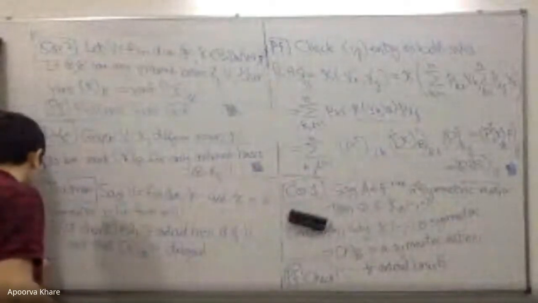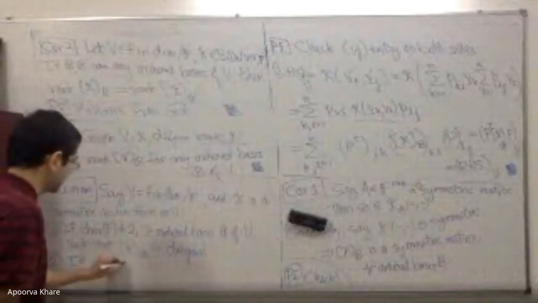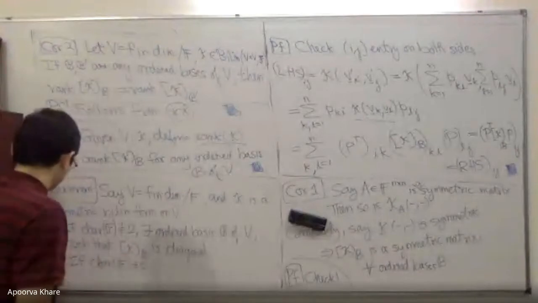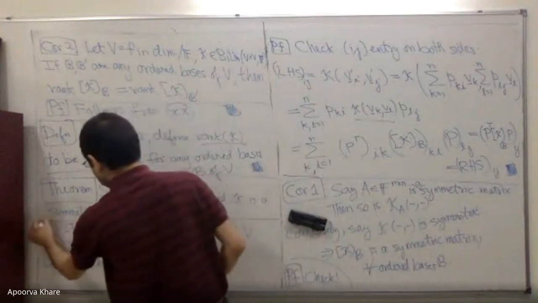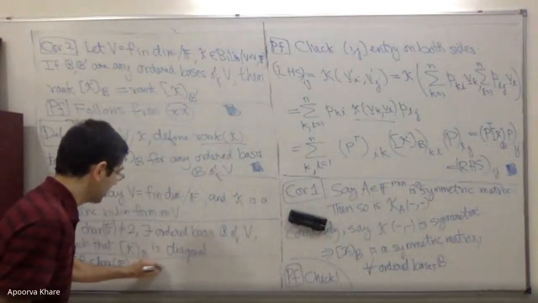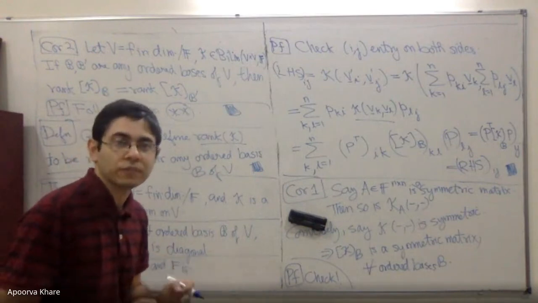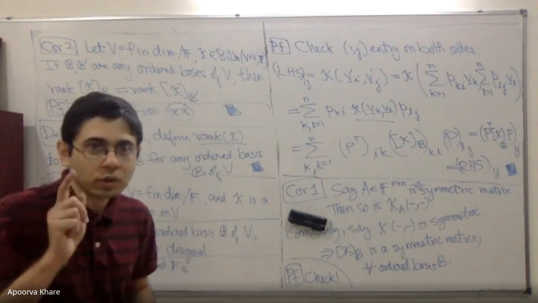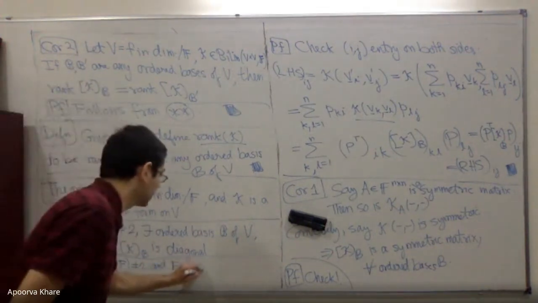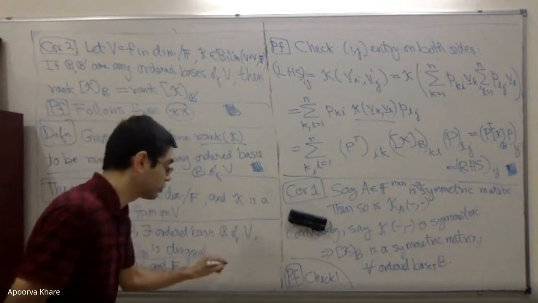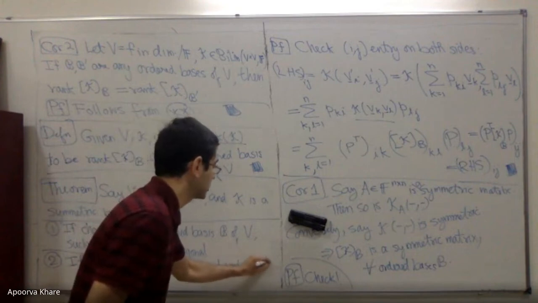Second, if the characteristic of F is not 2, there are these three statements that I said, and F is closed under taking square roots, meaning every element of F has a square root in F. This is not true for the real numbers, because -1 does not have a square root. But this is true for the complex numbers.